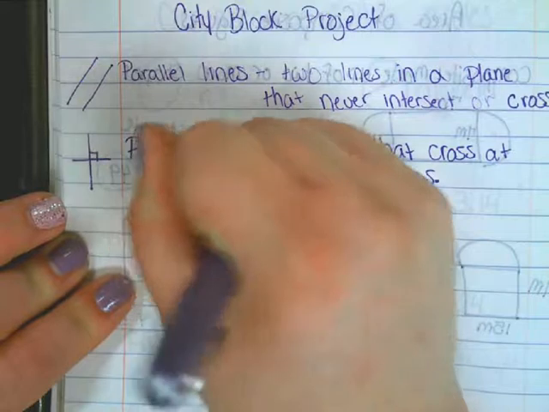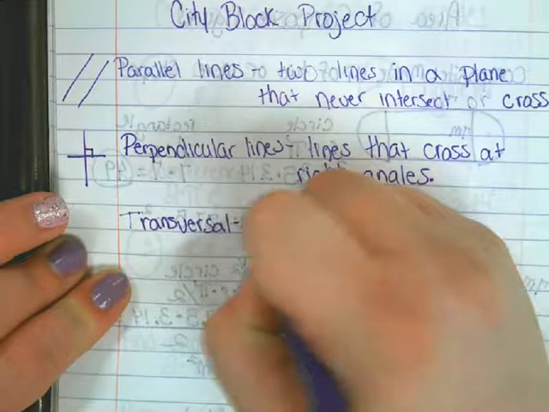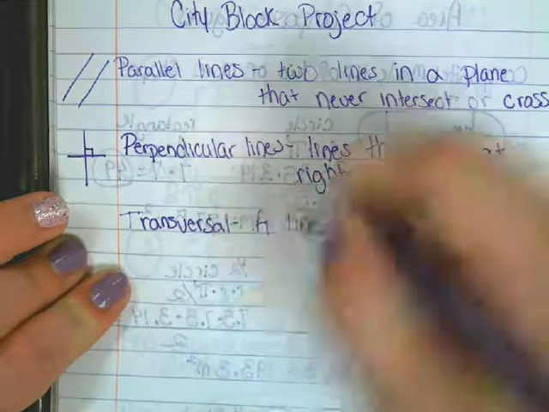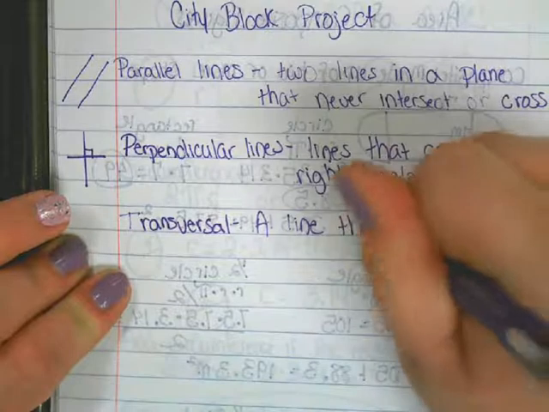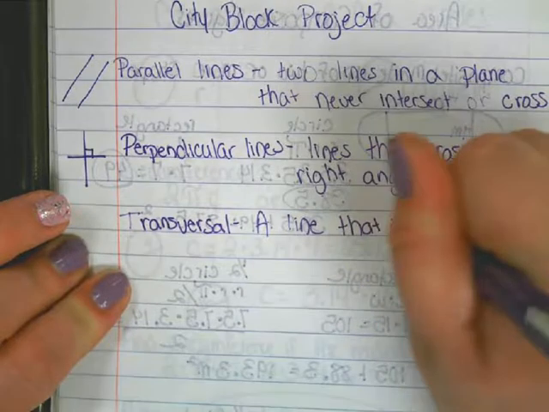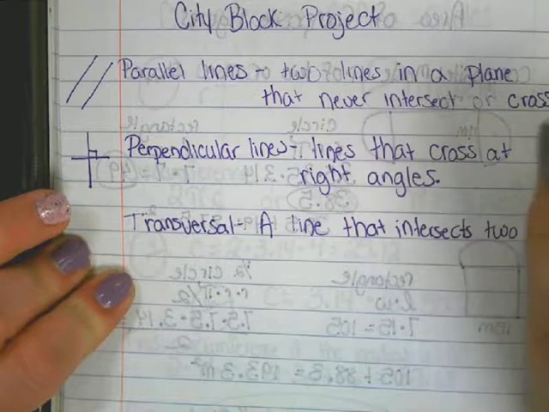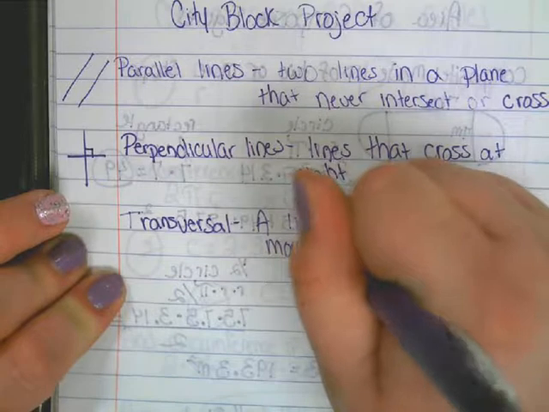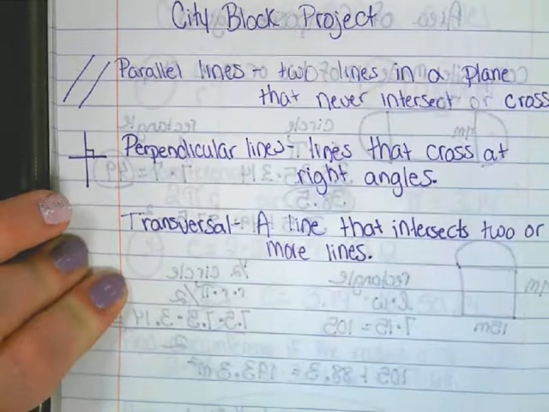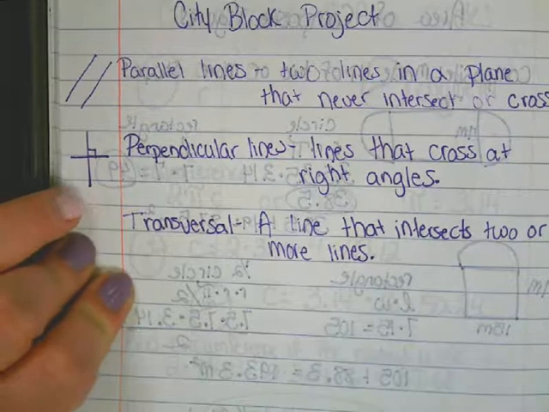And a transversal is a line that intersects two or more lines. So if I look back at my perpendicular, could that also be considered a transversal?